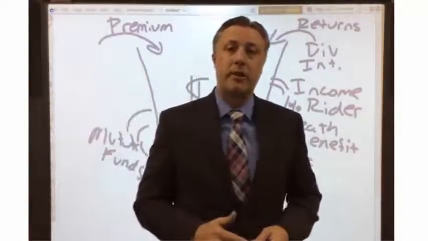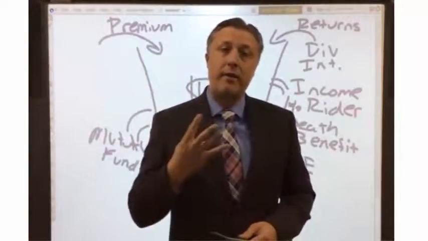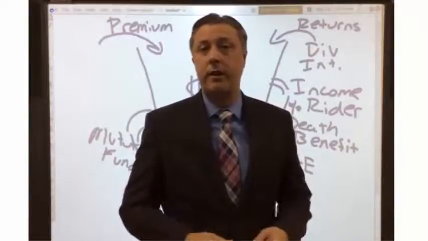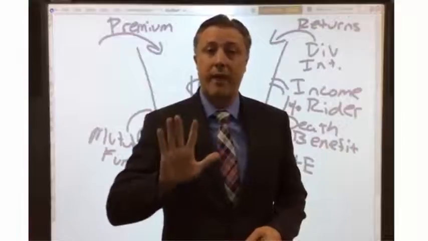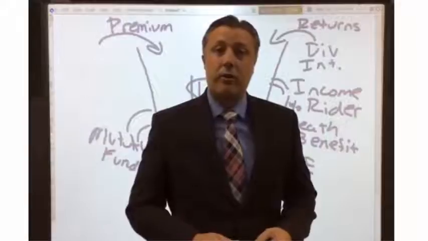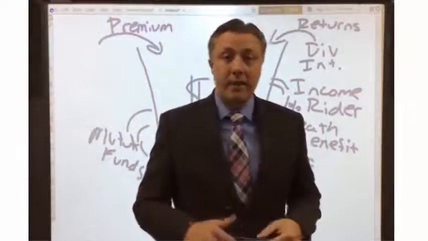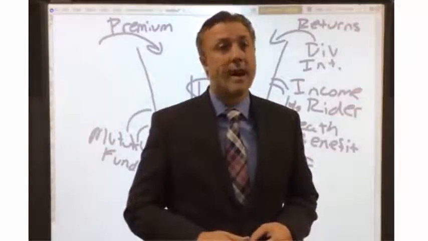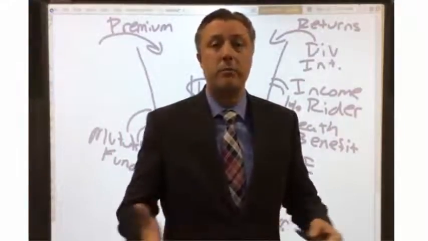But let me ask you this challenging question. If I'm paying 4% in fees, but I want to make 5%, what do I have to earn in my underlying investments in order to net 5%? That's right, you have to make 9%. So while 9% is definitely plausible, could you really expect 9% year in and year out? Probably not.